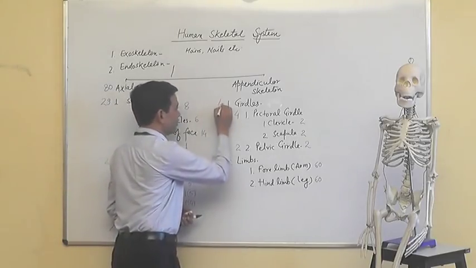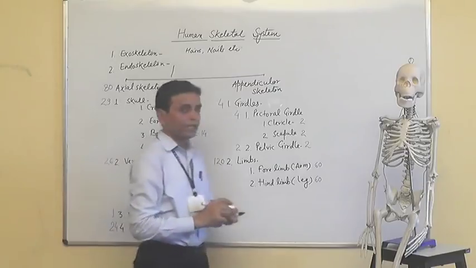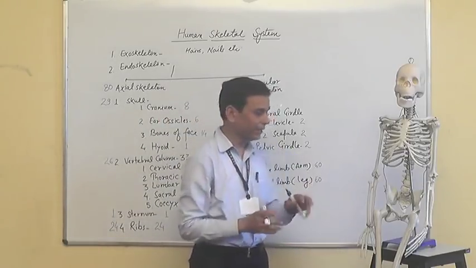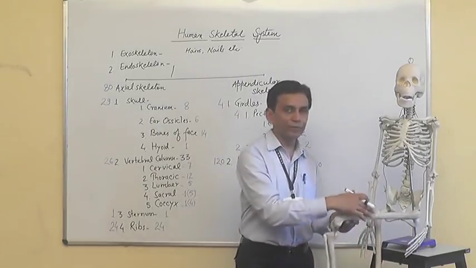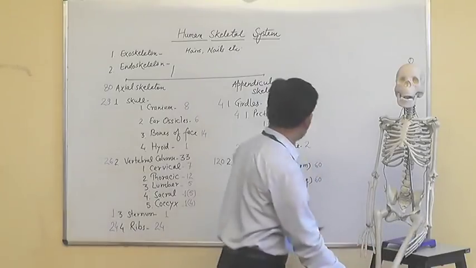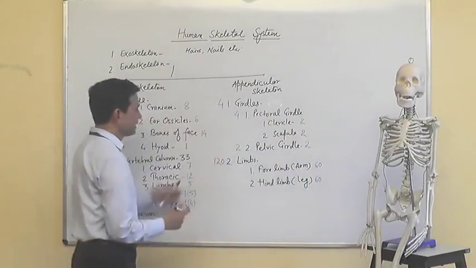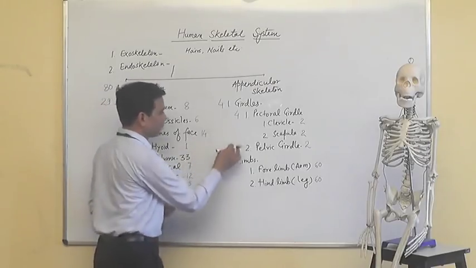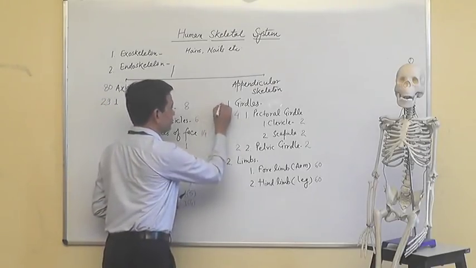Here 4 bones in our girdle. Students, do you know which bone is the largest bone in our body? Yes, that is our femur. Femur is the largest bone of our body. Let us add these bones. 4 and 2. This number is 6.